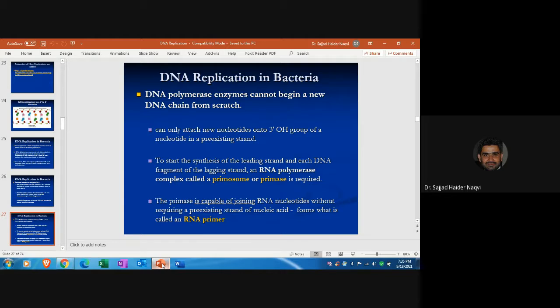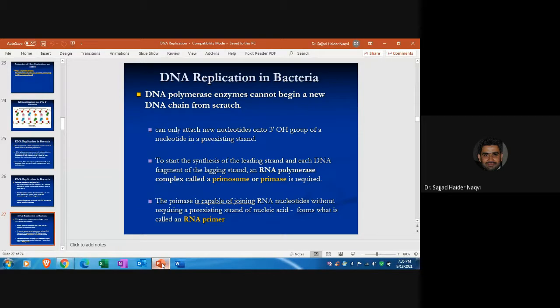So, going back to the point, the DNA polymerase is not capable of adding nucleotides right from the beginning. It needs a small set of nucleotides in order to carry on the reaction. That small set of nucleotides required is called primer, or you can say RNA primer. Why do we call it RNA primer?